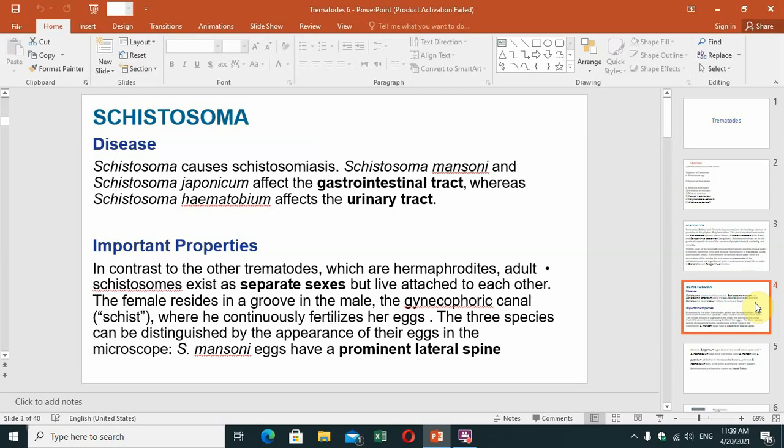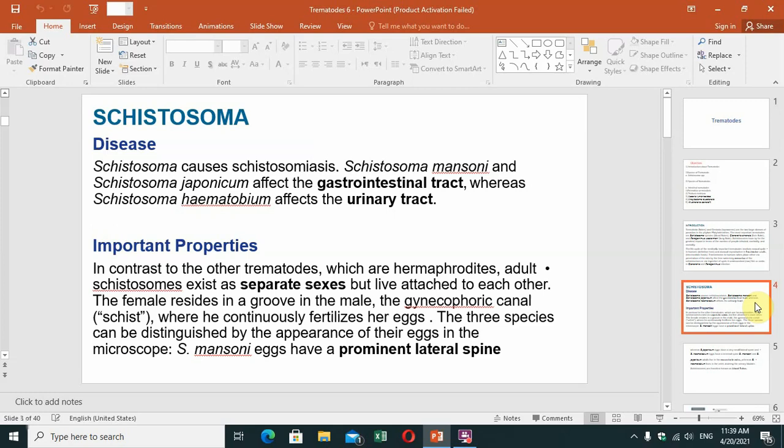The most important feature of these species, in contrast to the other trematodes which are hermaphroditic, is that adult Schistosoma exist as separate sexes but live attached to each other.